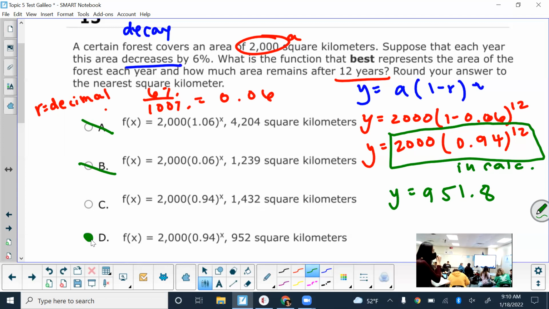That's why D is the correct answer. All right, again, on your test, you won't have answer options, so you'll have to know how to put it in the formula yourself and then use your calculator to find the answer. Questions on this one? All right, any others? Yes, number 8.